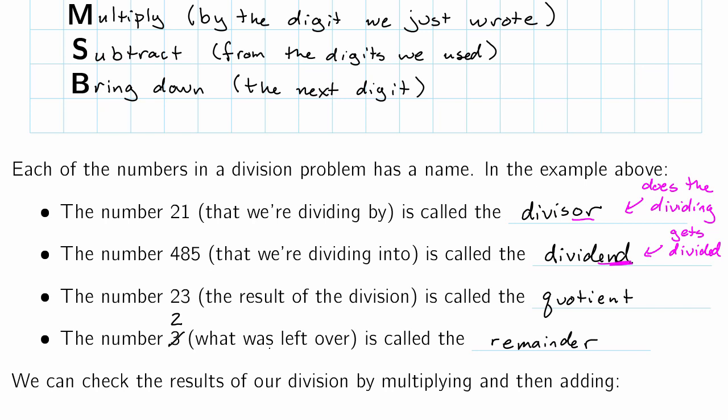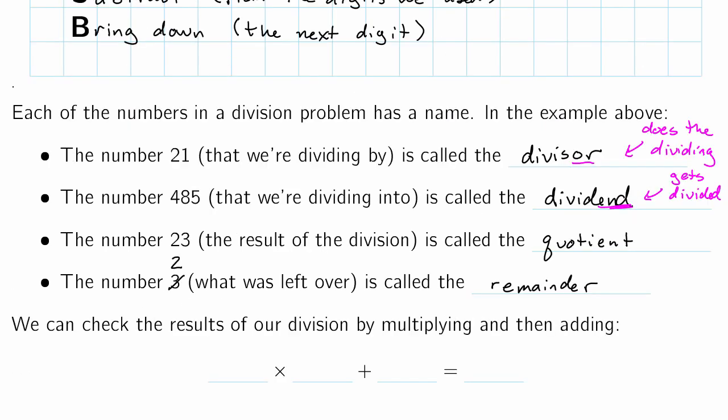Now, we can actually check the results of this by doing some more arithmetic. When we say that 485 divided by 21 gives us 23, remainder 2, that means 485 is 21 times 23 plus an extra 2.